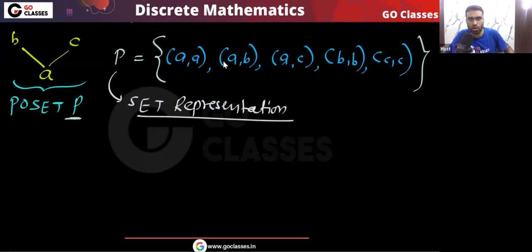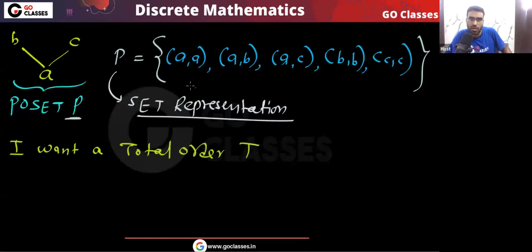Now I want a total order T which contains this partial order. Is this clear?